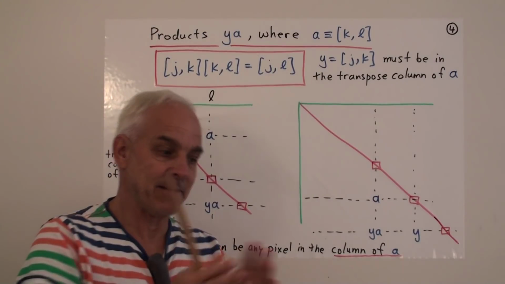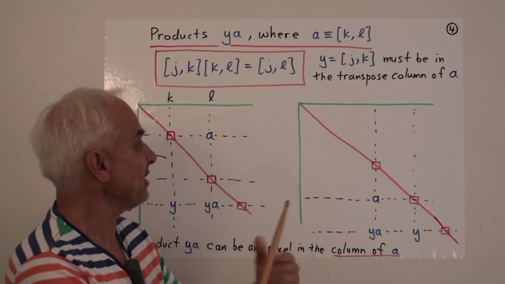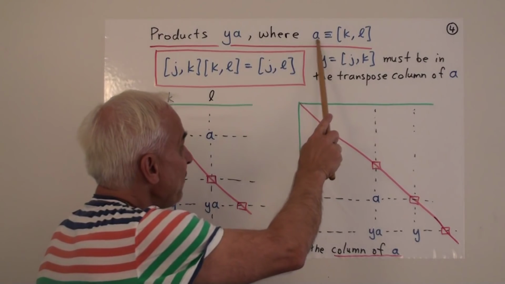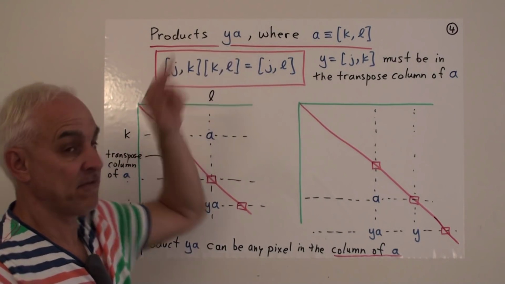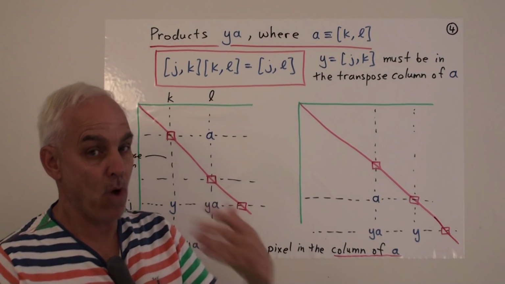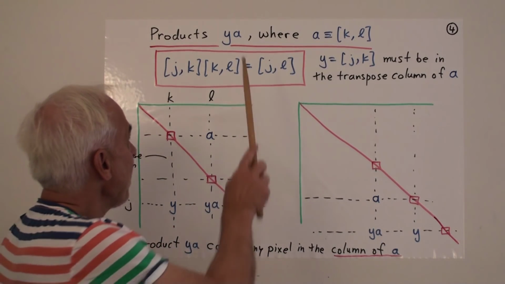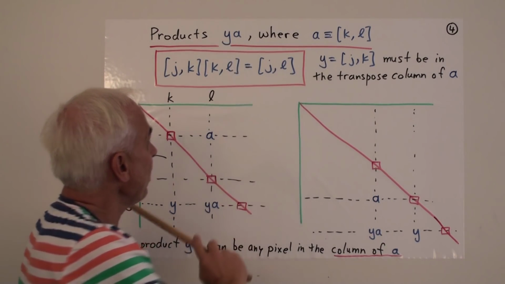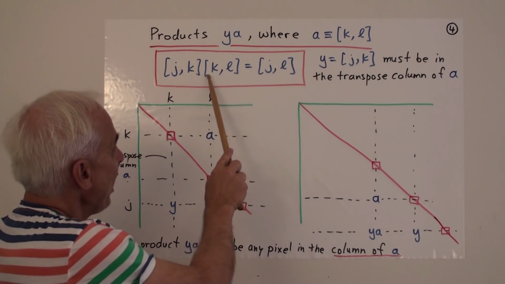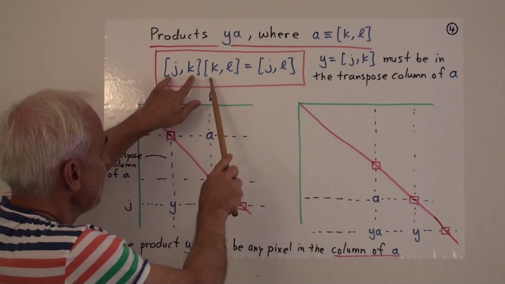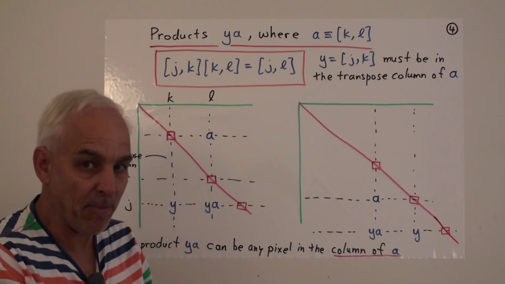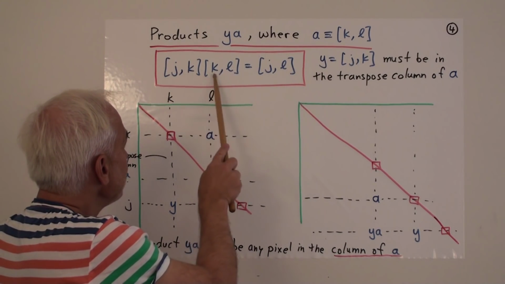Of course, now by symmetry, we have to look at the other case. What happens when we take our fixed pixel A and multiply it on the left by a pixel, say Y? So what happens when we look at Y times A? So here's A now on the right, and here's a Y on the left. And in order for this product to give us something, these two inside ones have to agree.